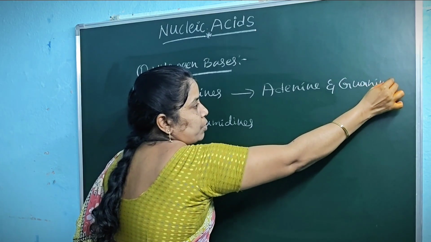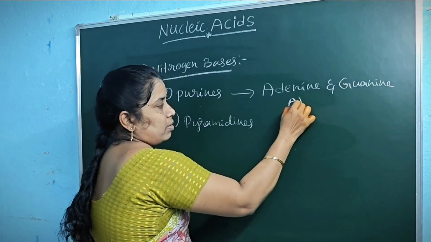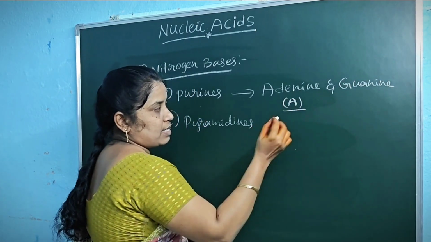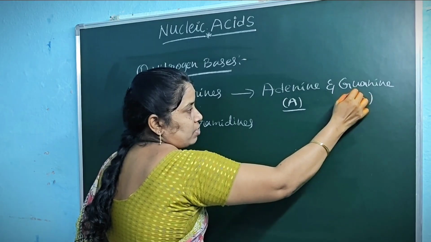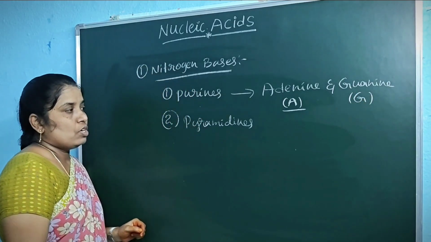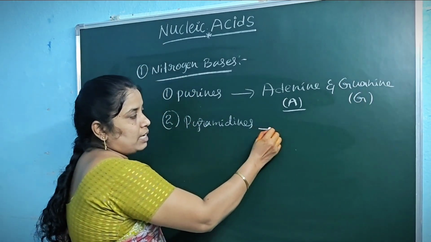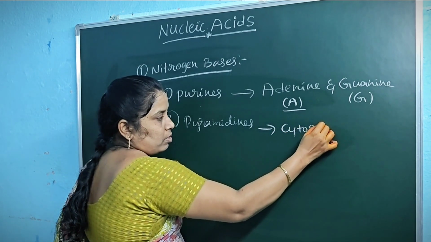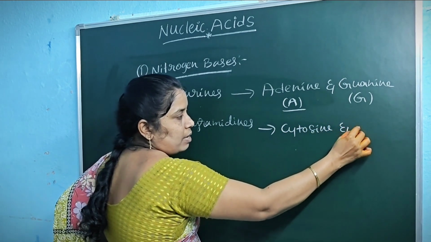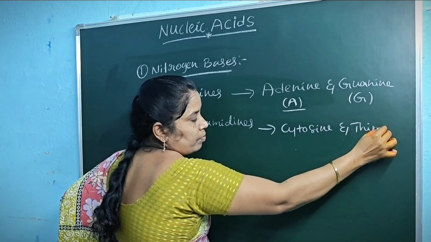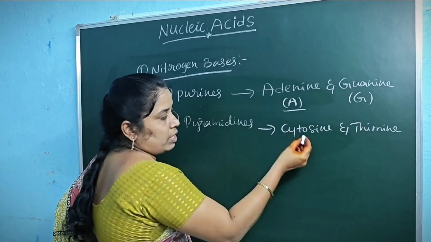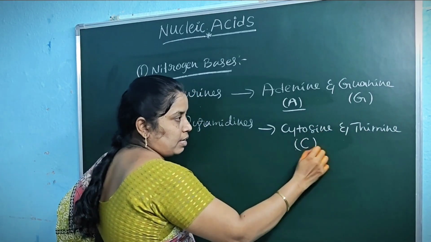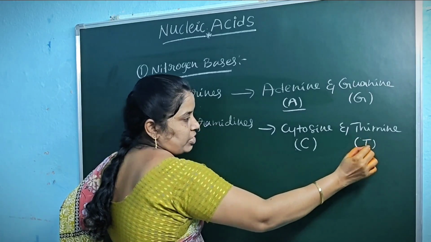They are called as purines. Adenine is designated as A, and guanine is denoted as G. So pyrimidines are nothing but cytosine and thymine. Cytosine is designated as C and thymine is designated as T.